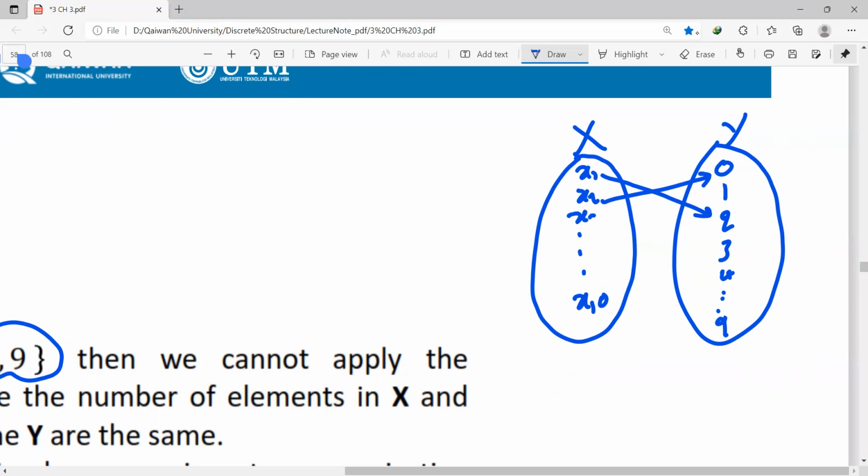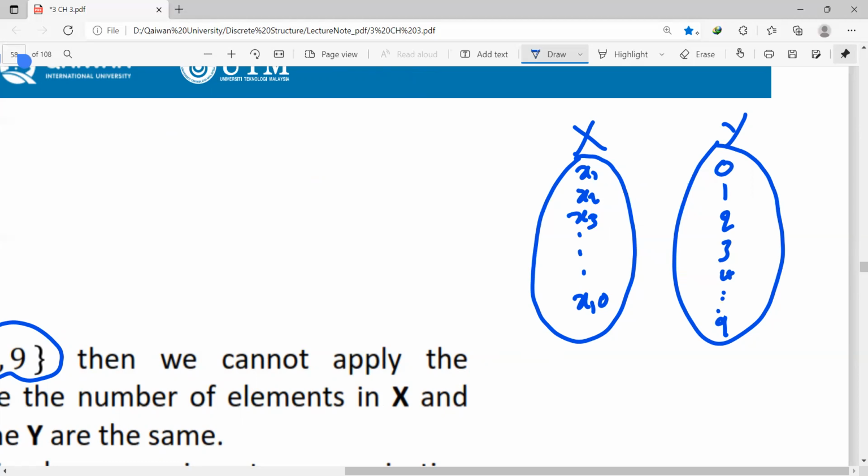Let's see if we have x3 also. If x3 goes to 4, that means student number 3 is communicating with 4 people. Okay, here we have the possibilities of communicating.